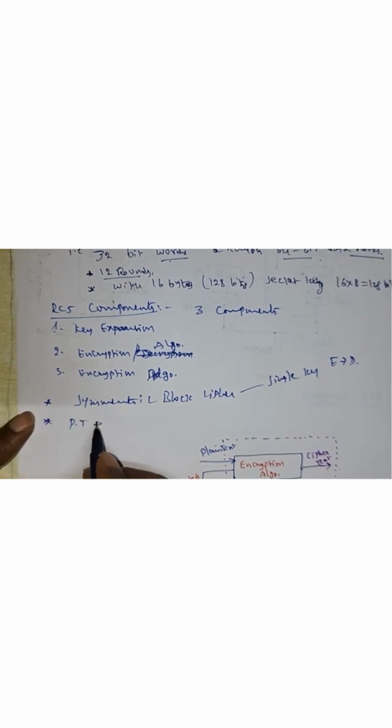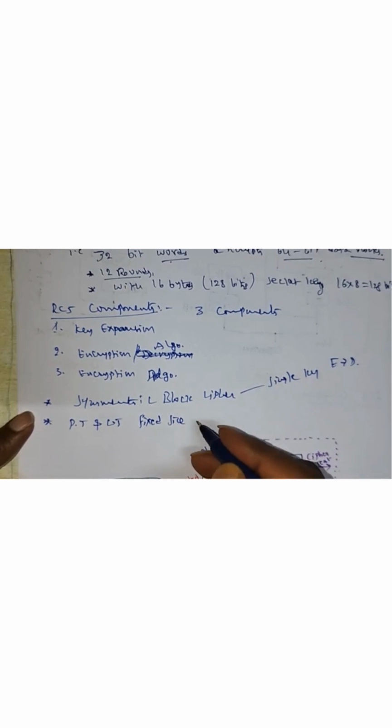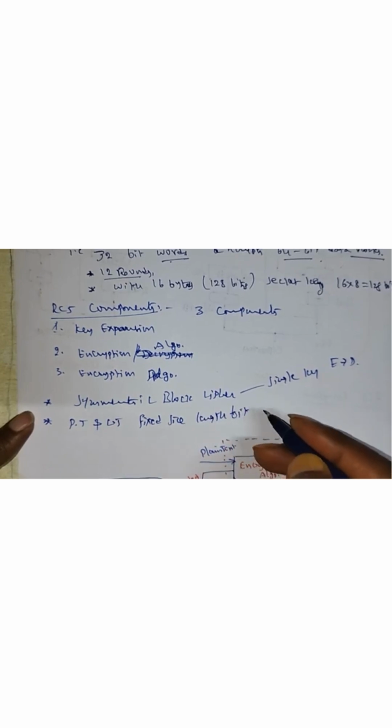Here the plain text and cipher text are fixed-length sequences of bits.